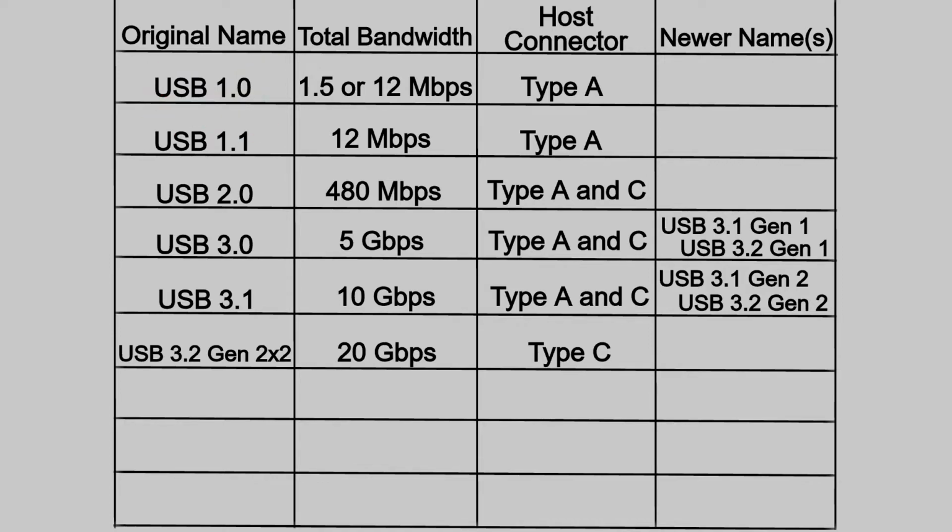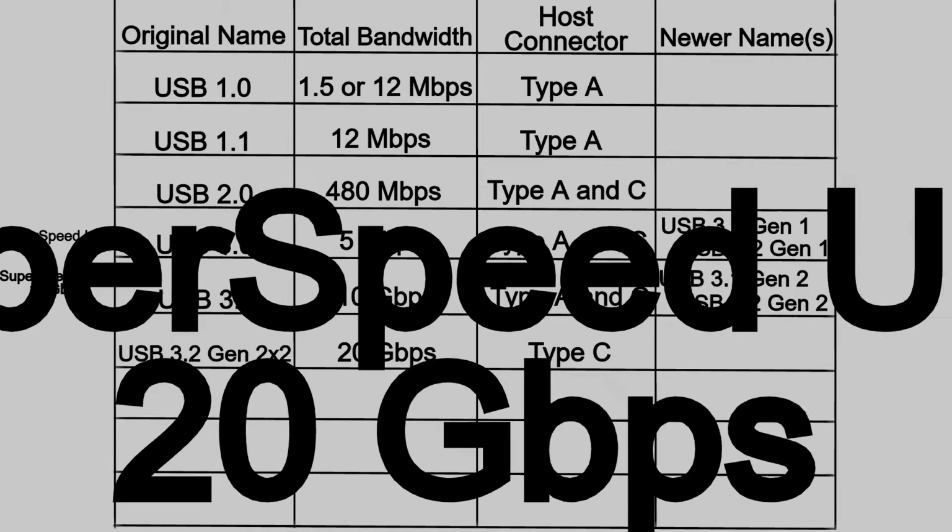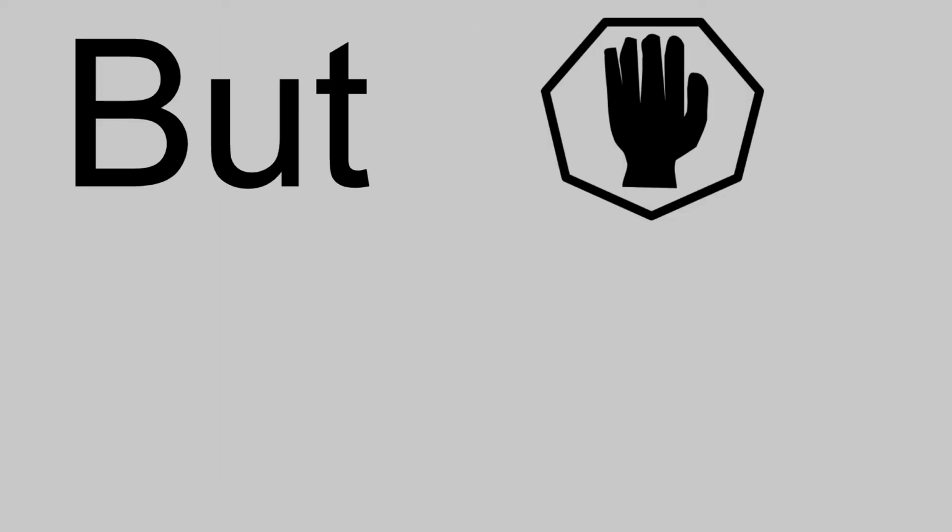USB 2 hasn't had any major changes made to it, and USB 3 5GB got renamed to USB 3.2 Gen 1 when the USB 3 20GB version came out, as well as the USB 3 10GB getting renamed to USB 3.2 Gen 2. So, to try and rectify this mess, they called all the 5GB USB versions Super Speed USB, all the 10GB USB versions Super Speed USB 10 gigabits per second, and the USB 20GB version Super Speed USB 20 gigabits per second. But wait, there's more!